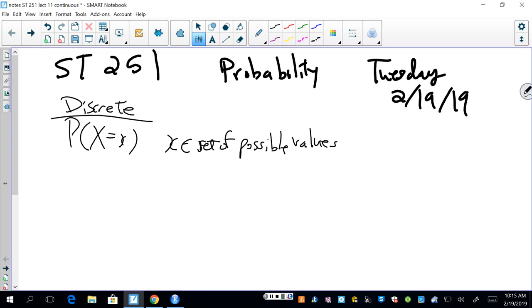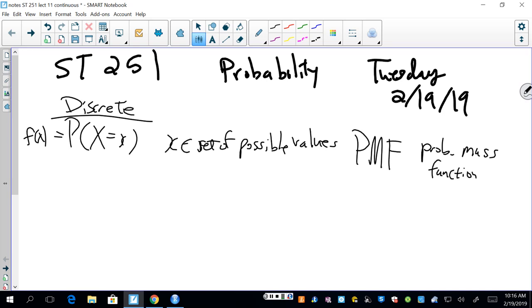Maybe this is little f of x, sometimes called the probability mass function, because there's a chunk of probability at each point. And for something like binomial or Poisson, we really give that by a formula.